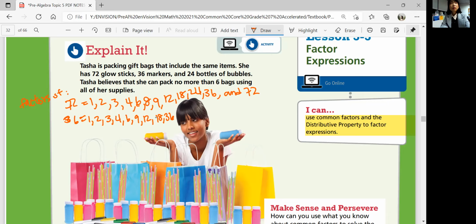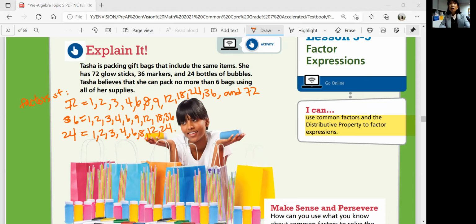What about 24? The numbers that could divide 24 would be 1, 2, 3, 4, 6, 8, 12, and 24. There you go. So then why do we need to know all the factors?